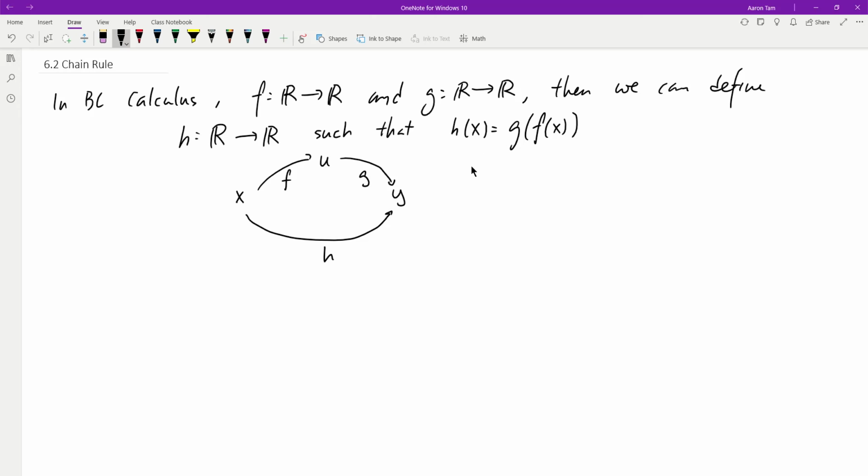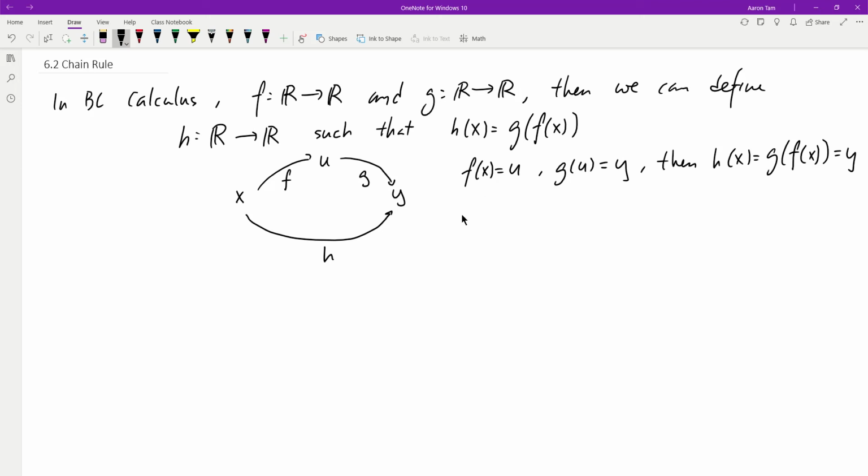So we have f of x is equal to u, g of u is equal to y, therefore h of x would equal g of f of x, which is equal to y. Important to make sure you understand is that the composition allows us to change from x to u to y, and the function h directly talks about what's between x and y together and bypasses u in a way.